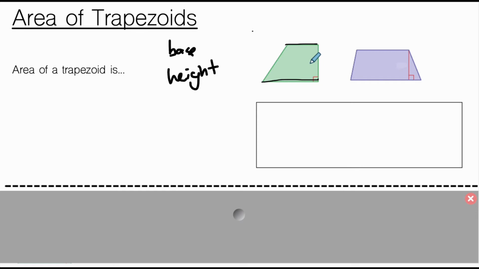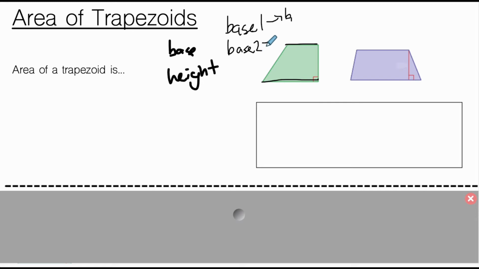The way that we identify the two bases is we call one of them base 1 and the other one base 2. But in geometry and in math, we frequently use symbols or shorthand ways of writing this. So base 1, you will always in a trapezoid see written like this, B and then a teeny tiny little 1.